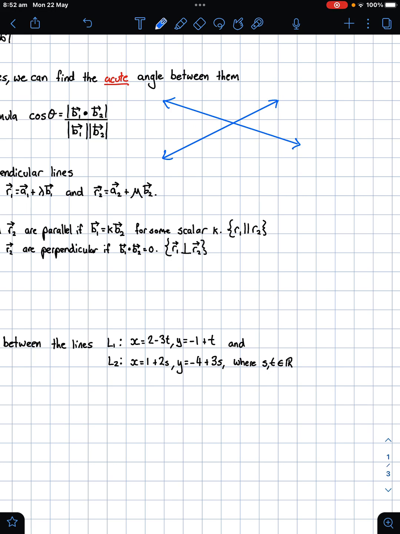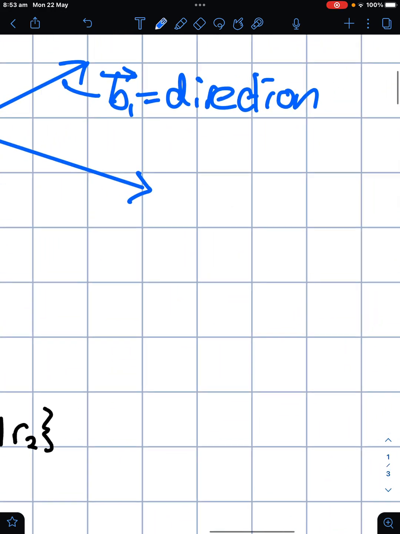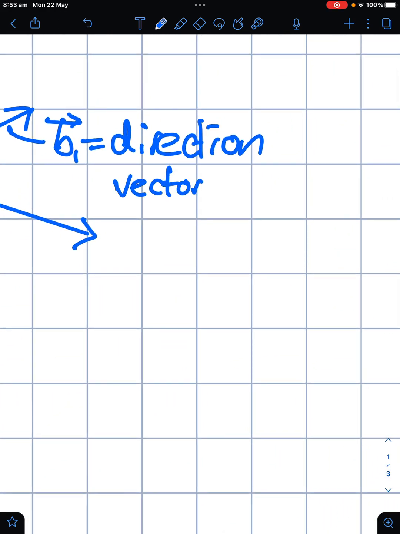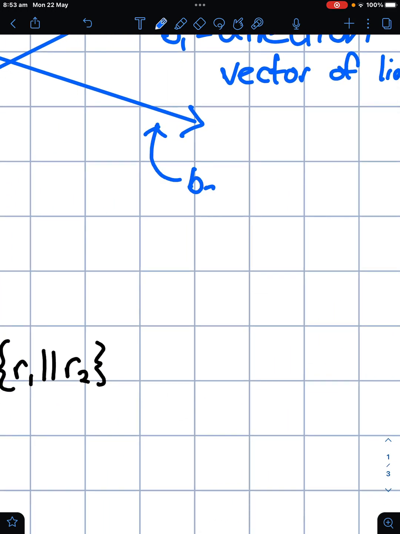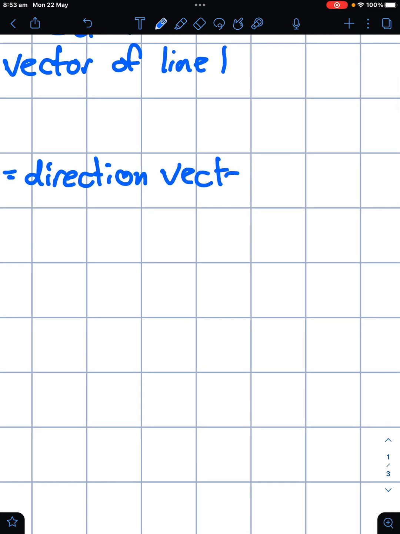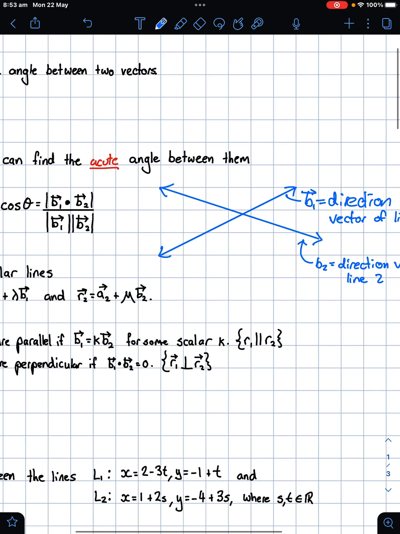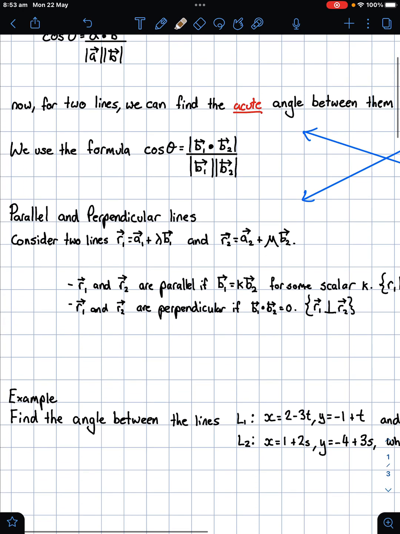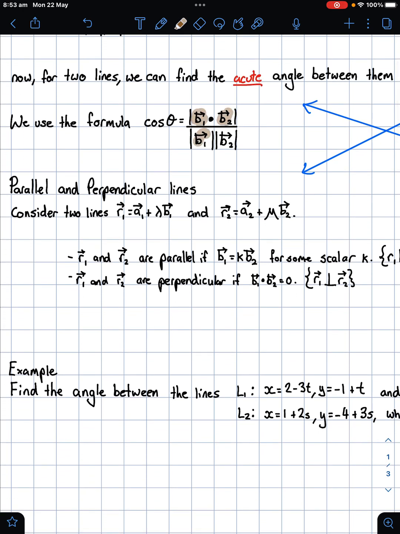The direction vector B1 equals the direction vector of line 1, and this one here, B2, equals the direction vector of line 2. I'm going to find an example that works for this later and double check with an example, but these are the direction vectors here.